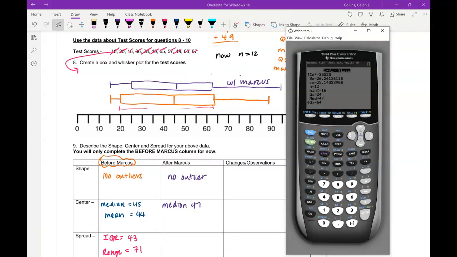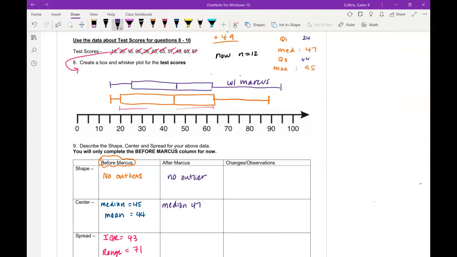So remember, the mean before was what? 484 divided by 11, I think. We got 44 for our exact mean. So I'm just going to multiply that back by 11 to see what the sum of our data was. Yep, 484. So now if we add Marcus's 95 to that, we can divide that number by 12.